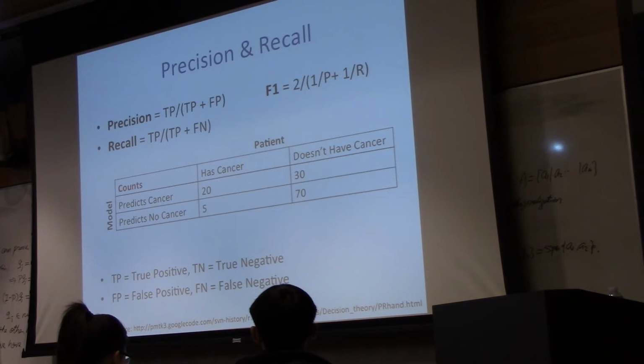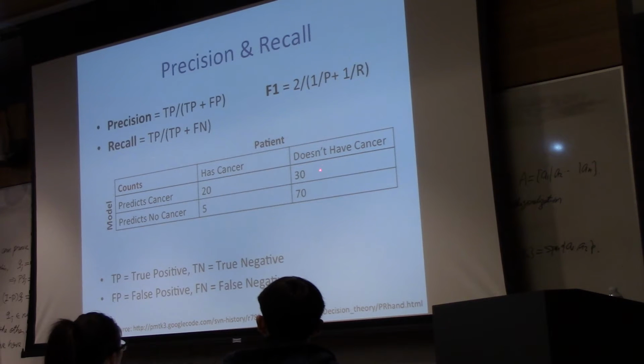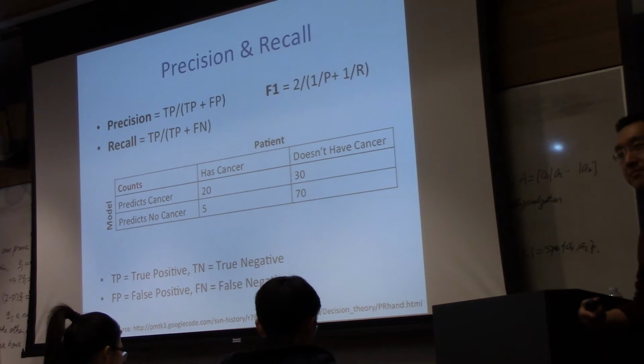So the precision of our model is the number of true positives divided by the number of true positives plus the number of false positives. So it's this guy divided by this guy plus this guy. We take this guy and normalize by the sum of this row. What does that mean? Of the patients that our model predicted as having cancer, how many of them did actually have cancer?